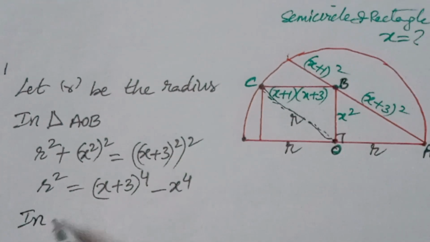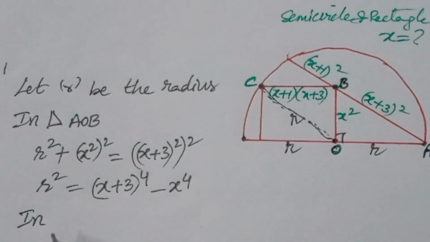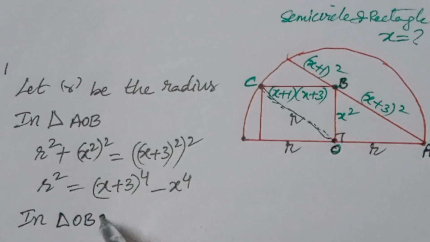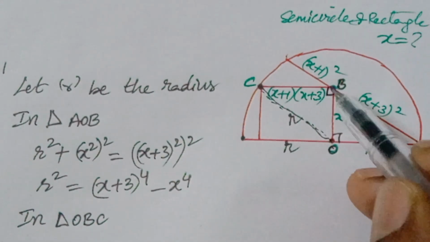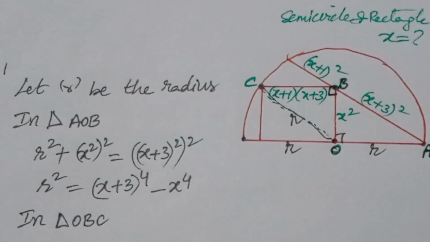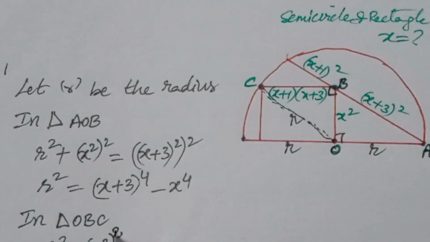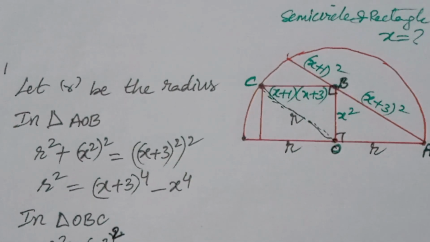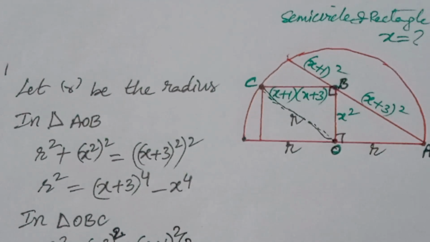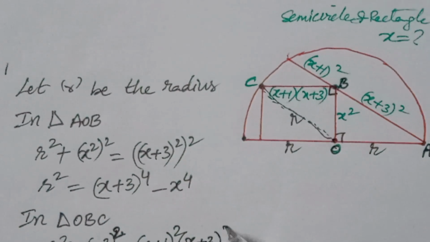Now if you take triangle OBC, it is also a right angle triangle, because it is a rectangle. B is 90. Here also you will get R square is equal to x square whole square plus (x plus 1) whole square into (x plus 3) whole square.